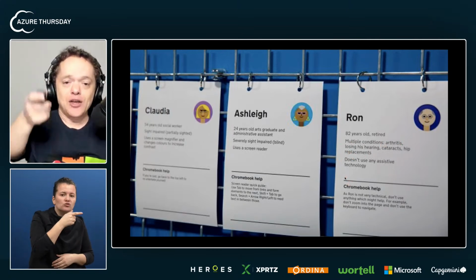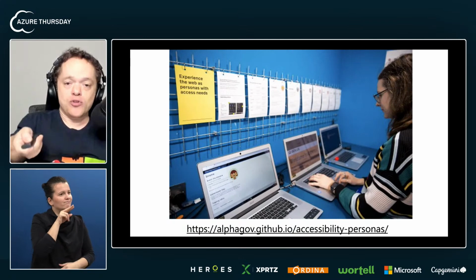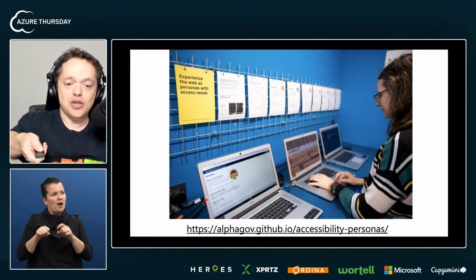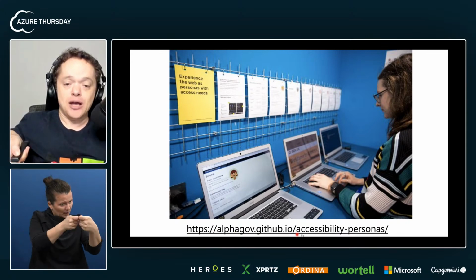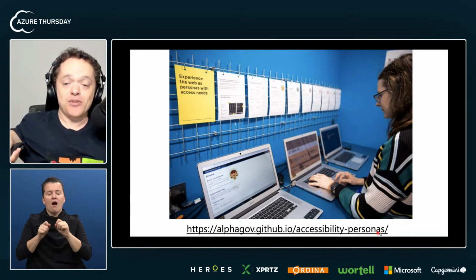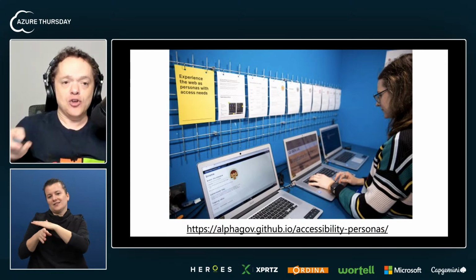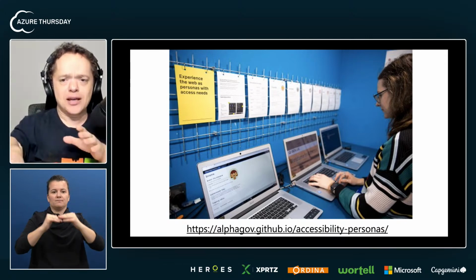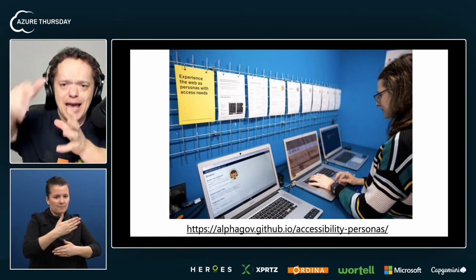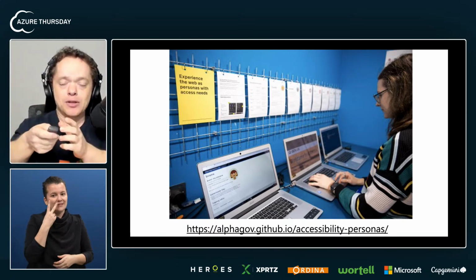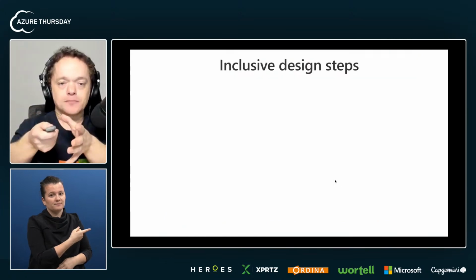You take Ron and then you build around your system. So you go and you test these systems. Now you can go and get those labs, alphagov.github.io, accessibility personas, and you start to realize, wait a second, the bubble that I was in, I can actually pop it because I can become these people.